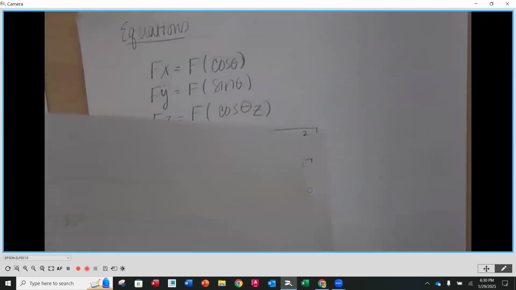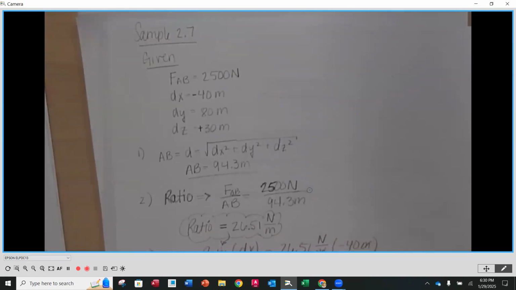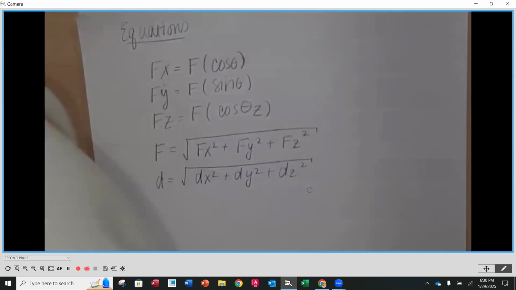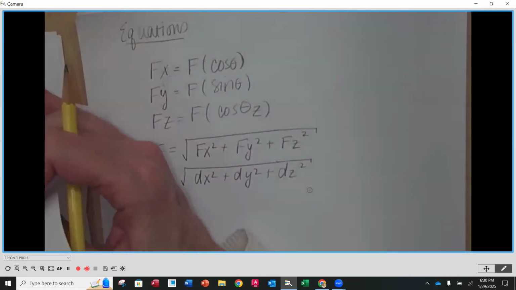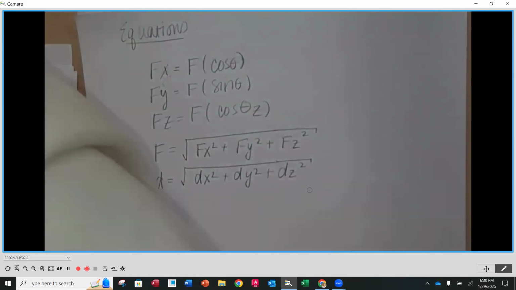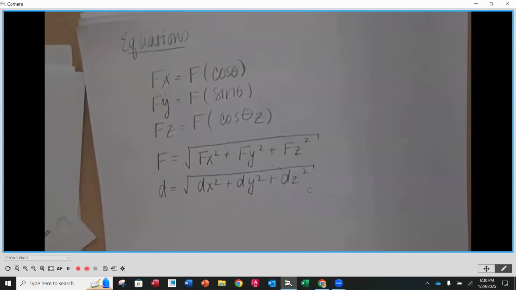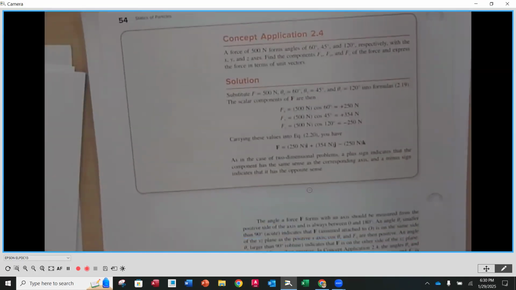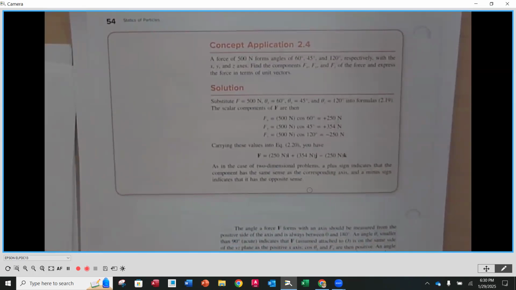We're going to look at sample problem 2.7. I'm sorry, we just did 2.7. We want concept application 2.4.